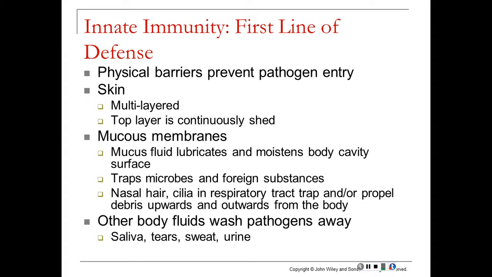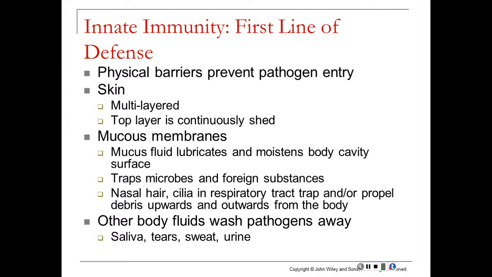Let's talk about innate immunity. This is your body's first line of defense. This includes physical barriers that prevent pathogen entry, such as skin, mucous membranes, and other body fluids. Your skin, as we mentioned, is multi-layered. It's the top layer of your body. It's continuously shed so that it maintains its integrity.